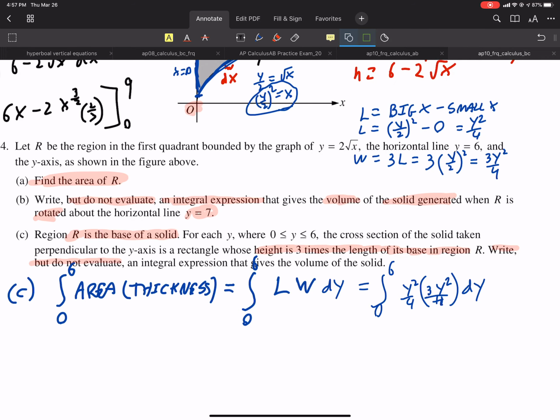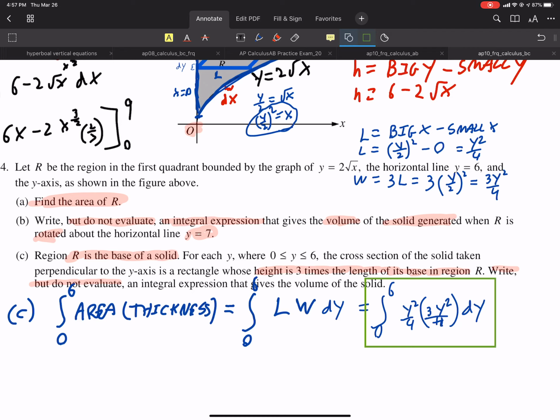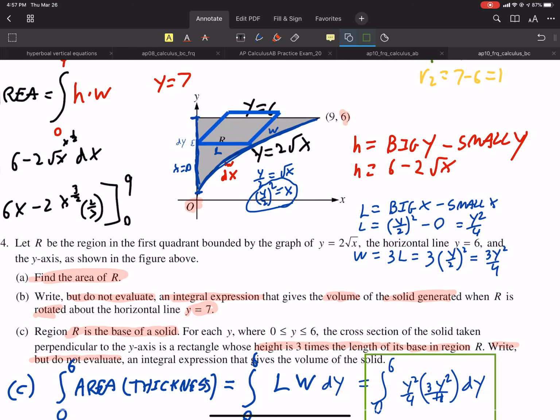Let's try that again. Bam! There is our answer. Beautiful. Hope you all are happy with that. They simplified that to 3y to the 4th over 16, but we don't have to do that. We are good. I hope you like that problem. I like it a lot. And that's it for number 4.